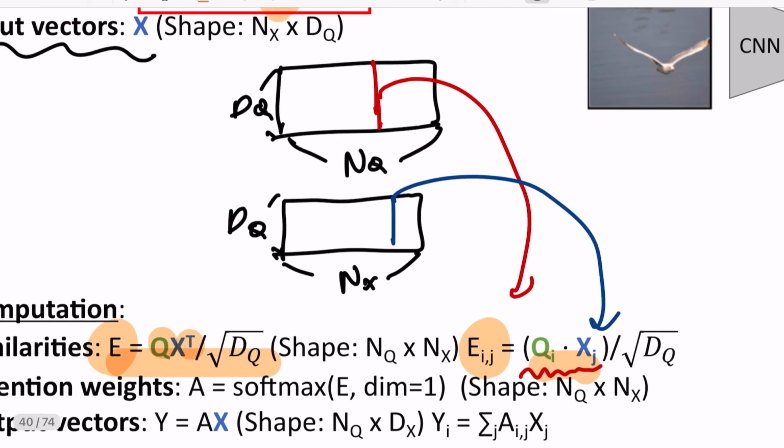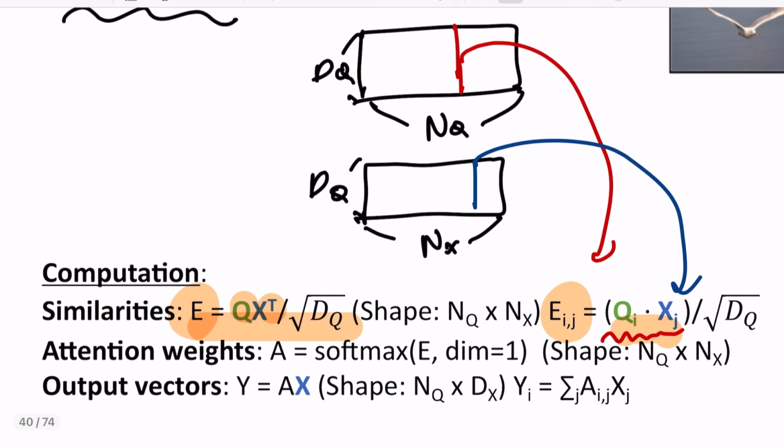dq. Because we now consider element by element similarity between the Q matrix and X matrix, our final similarity map is going to be the E, which is equal to Q times X transpose over square root of dq, where the size of E is going to be NQ times NX, because we have NQ kinds of query vectors and NX kinds of input vectors.